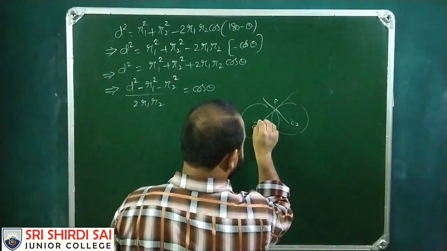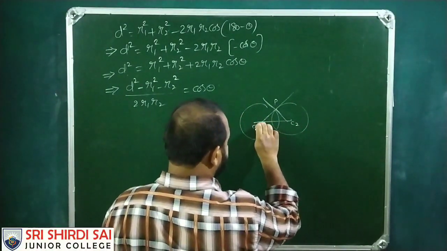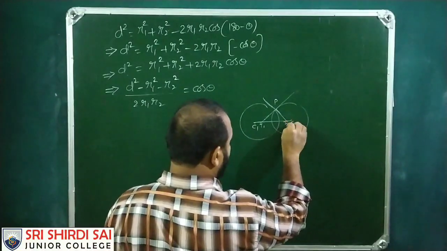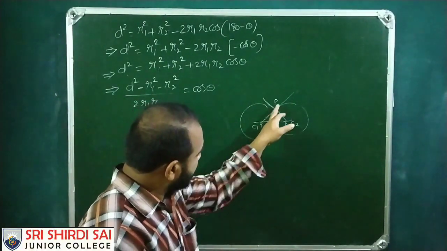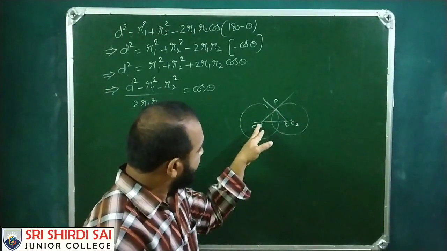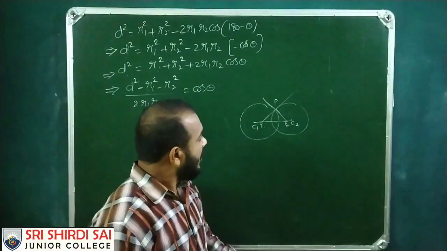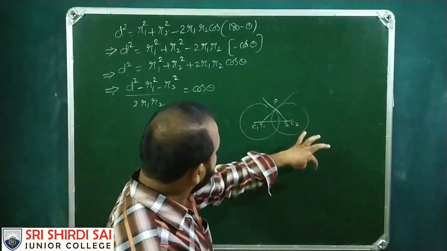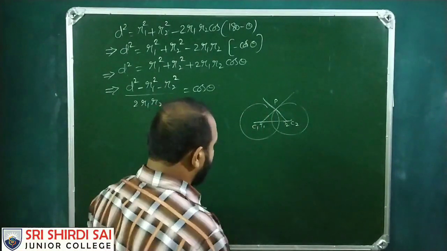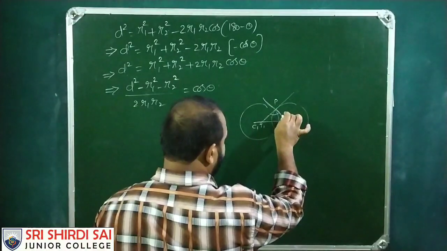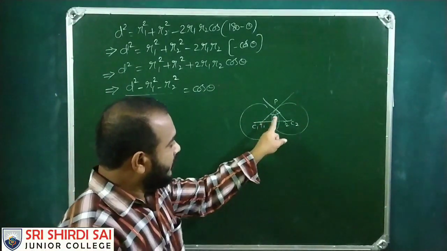This is T1, this is T2. What is T1T2? T1P is the tangent for the rightmost circle here, and PT2 is the tangent for the leftmost circle in the diagram. And if theta is the angle between them, theta is the angle between the two tangents.